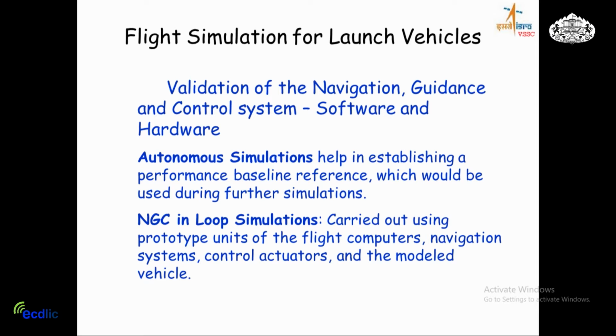One is called autonomous simulations, which is numerical simulation, which we are all doing in this place, in which everything in the launch vehicle as well as the navigation guidance control system is also modeled. Both are in the computer. They interact with each other to give you results. That's the autonomous simulation. The other is with the actual hardware which is going to fly. With that you do simulations.